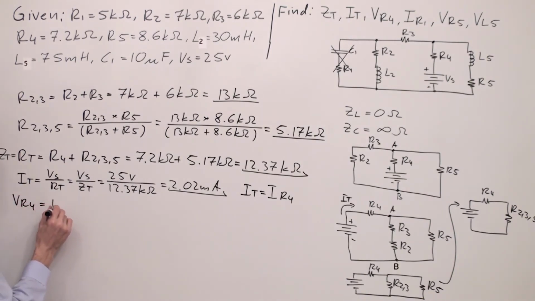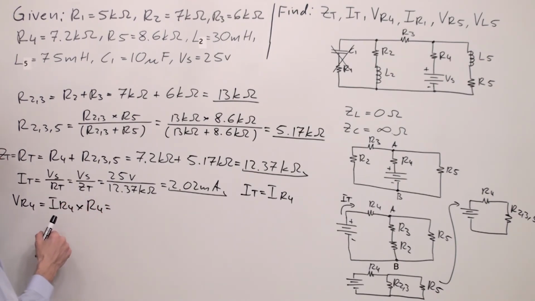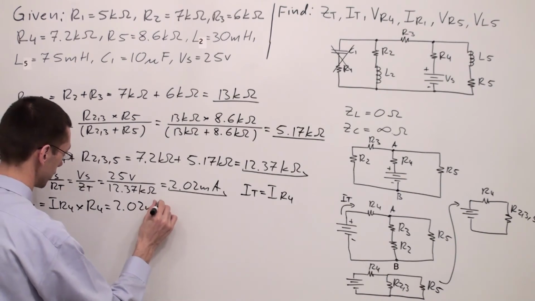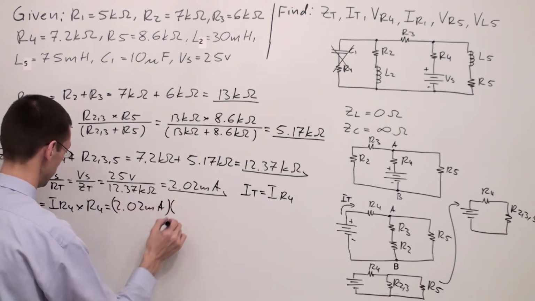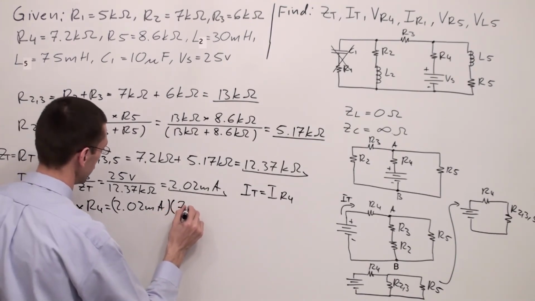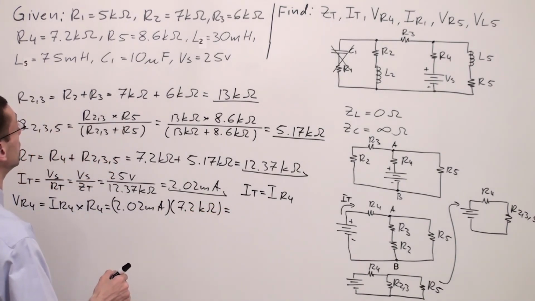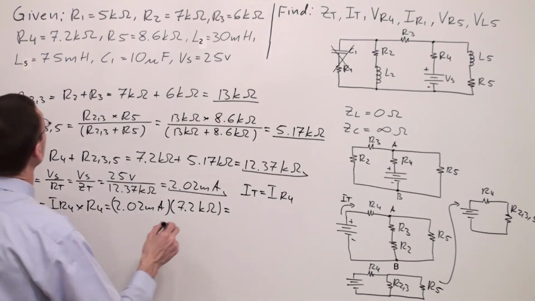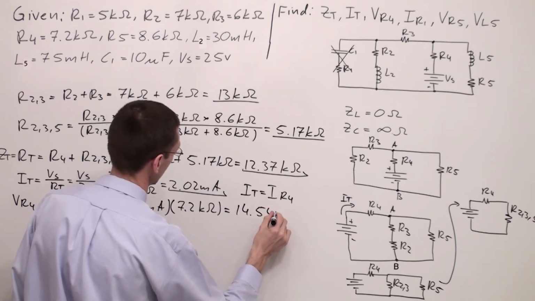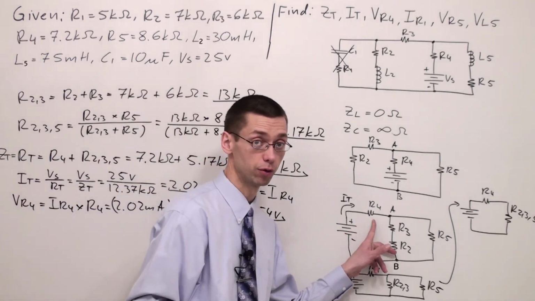VR4 is equal to IR4 times R4, where IR4 is equal to 2.02 milliamps times R4, which is equal to 7.2 kilo ohms. This is equal to 14.54 volts. So this is the voltage across resistor R4.